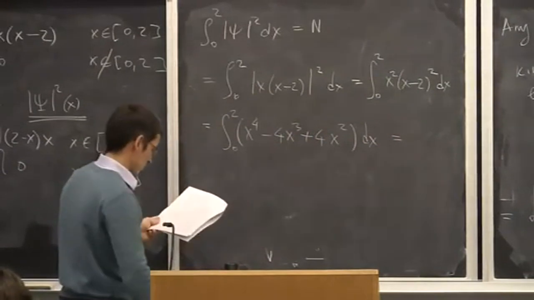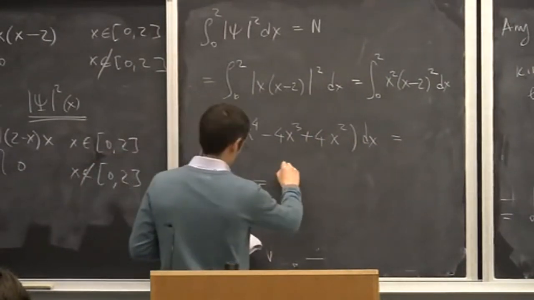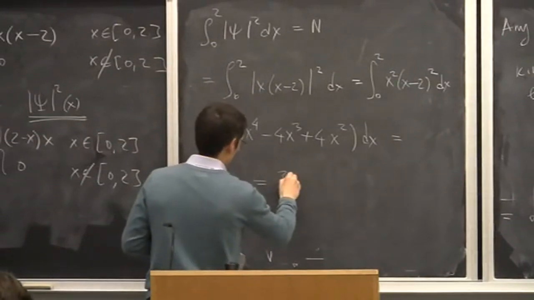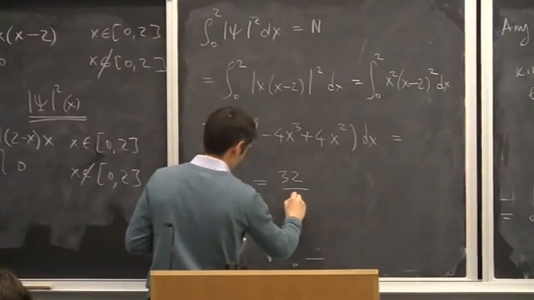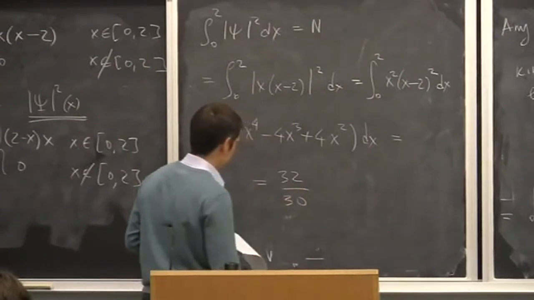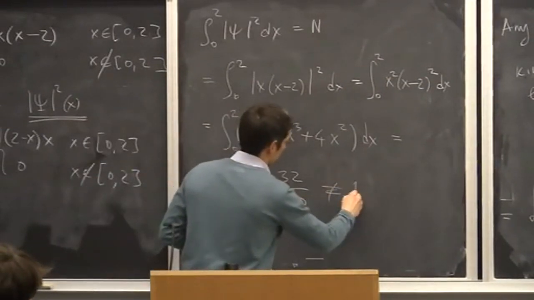Skipping the algebra that is already given in the notes, this is a simple integral, and the value of that integral is 32 over 30. Okay, so this is not 1.